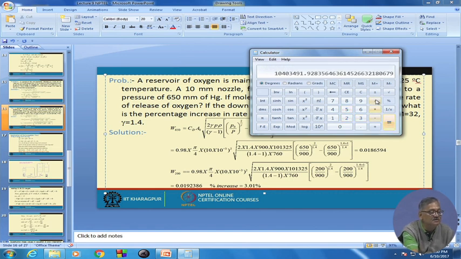is equal to this divided by 0.4 divided by 760 is equal to this.